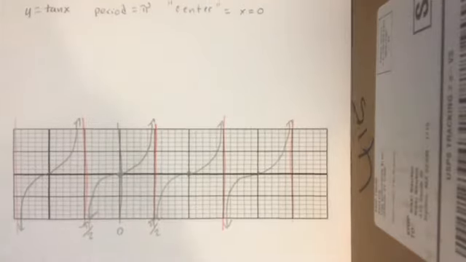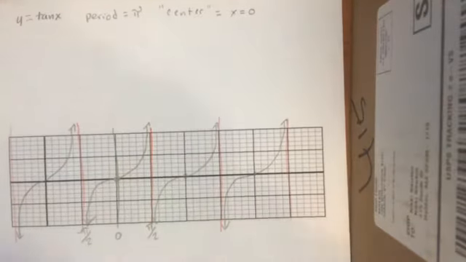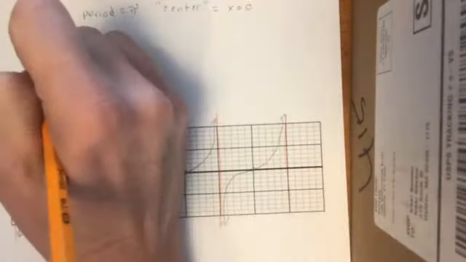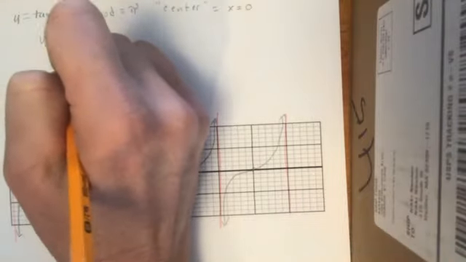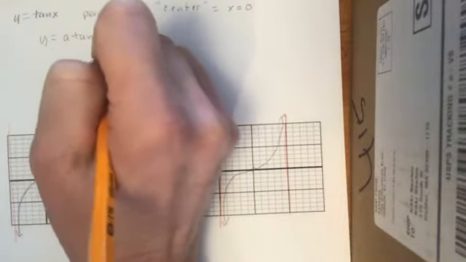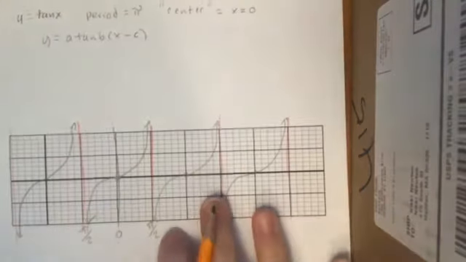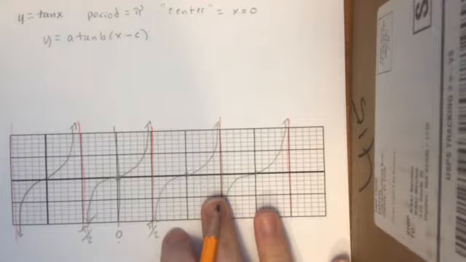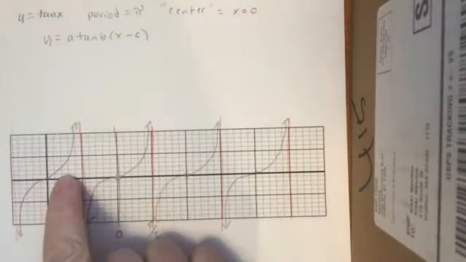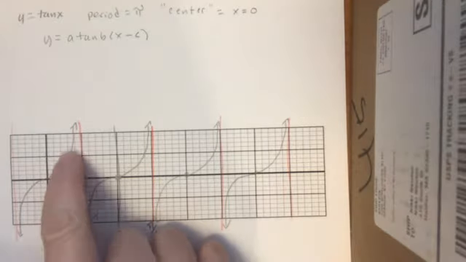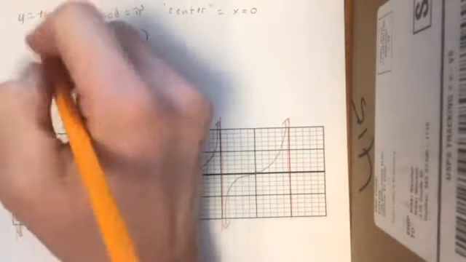Now let's fill in some information for the case where there's transformations. So we could have any of these transformations, A tangent B x minus C plus D, but our book doesn't give us any vertical transformation, so I'm not going to put that in here. Now, amplitude doesn't really apply to tangent because it keeps going up forever to infinity.